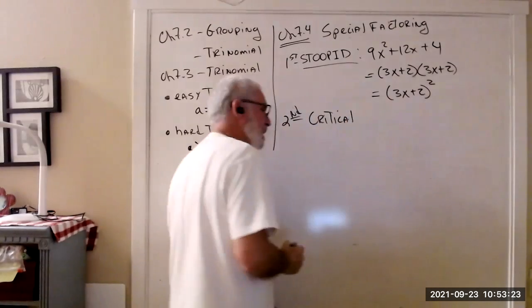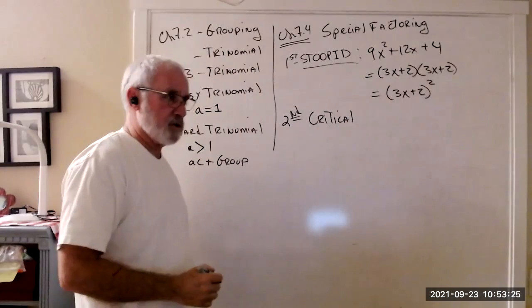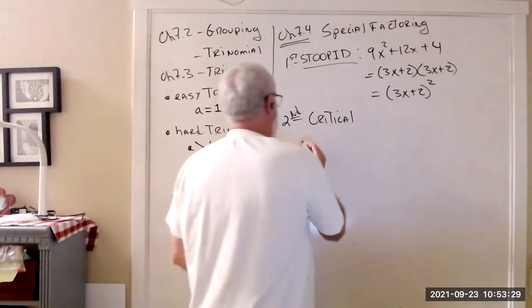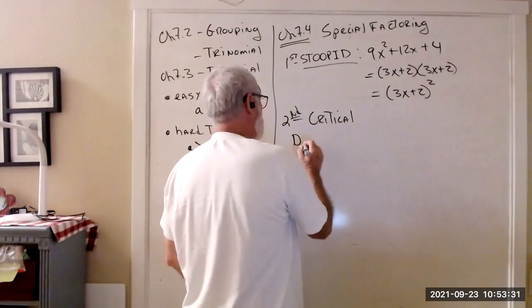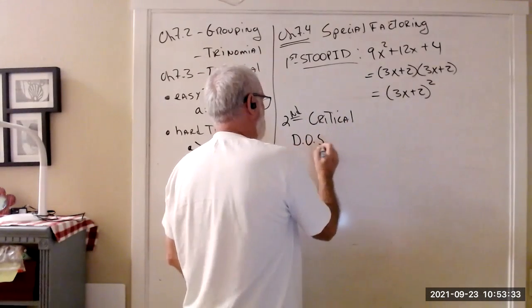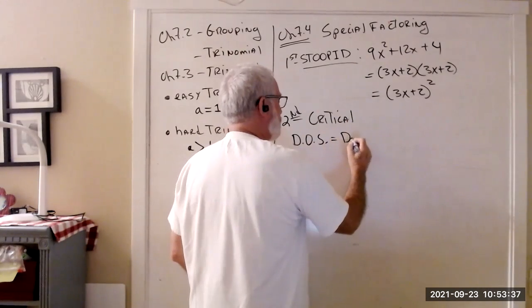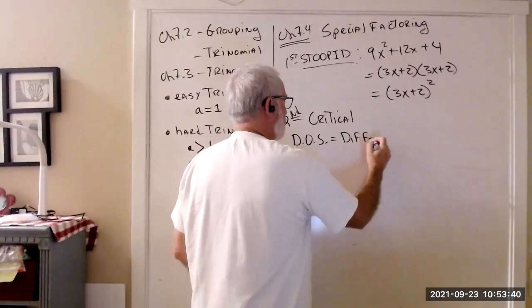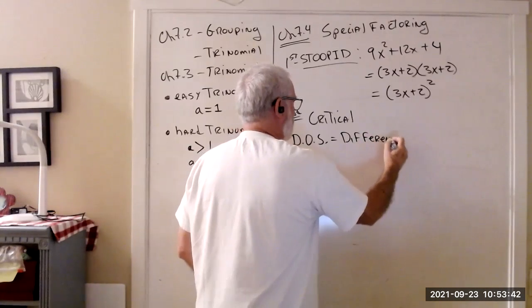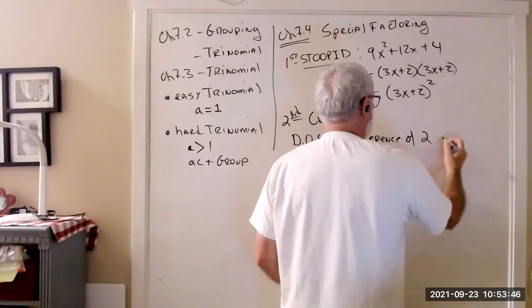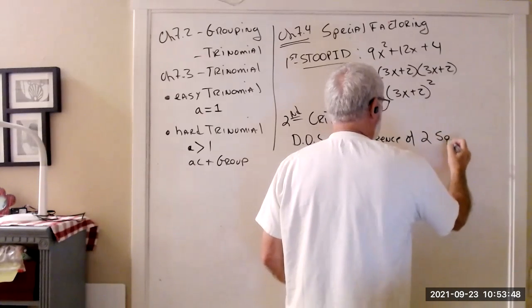Meaning it's very important. It's called DOS, and it stands for the words difference of two squares.